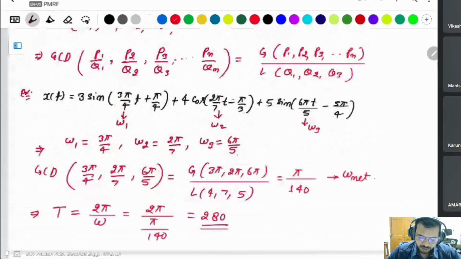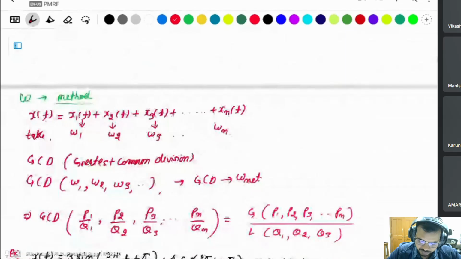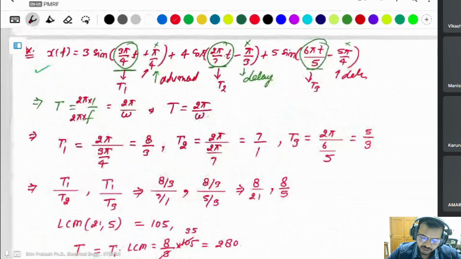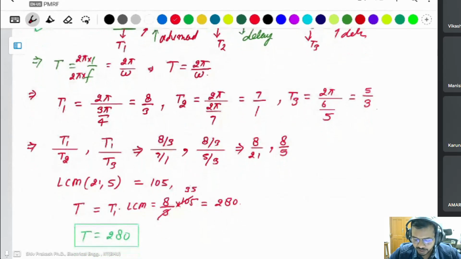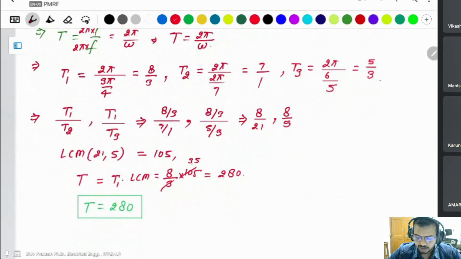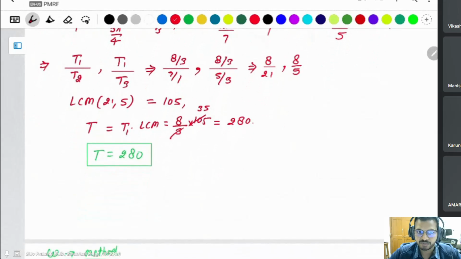Okay. We have two methods: the time period method, and the second one is the frequency method. In the time period method, simply find T1, T2, T3, the time period of all. Then take the ratio of T1 to T2, T1 to T3, T1 to T4 like that. Then find the LCM of the denominator. After that you find the fundamental time period by multiplication of T1 into the LCM.